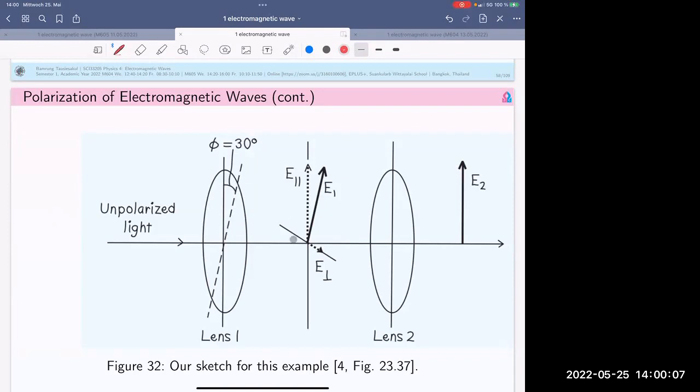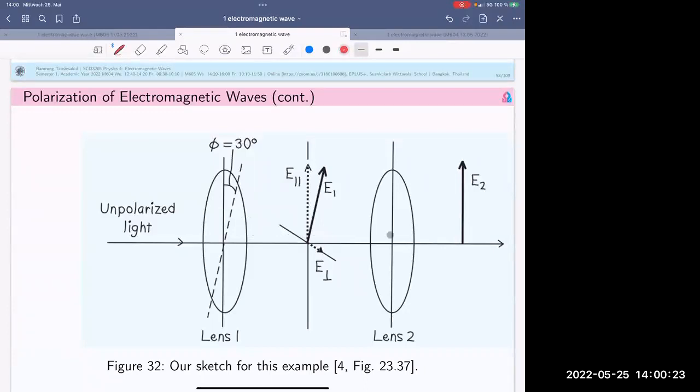So of course only the light that has the E field that is tilted like this, or deviated like this, will happen after the first lens.